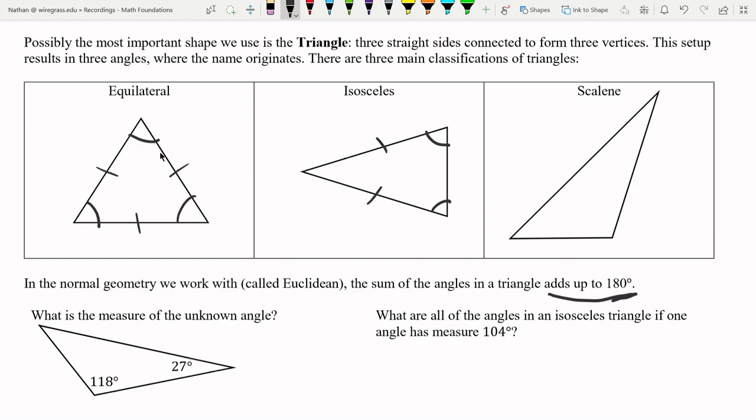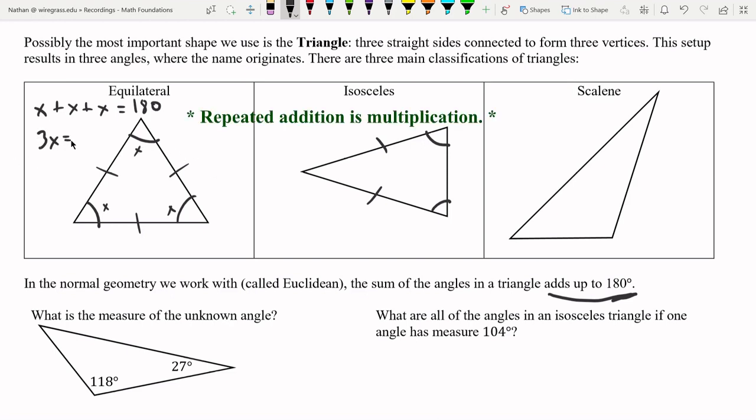So if these three angles add up to 180 degrees, I could say this is x, x, and x. This is the same thing as saying x plus x plus x equals 180 degrees. And this is actually the same thing as just saying 3x equals 180 degrees.